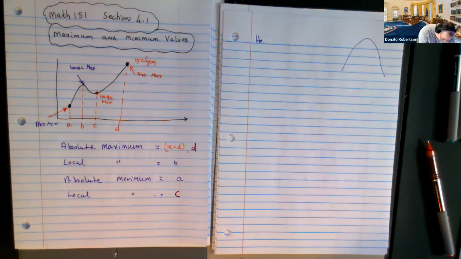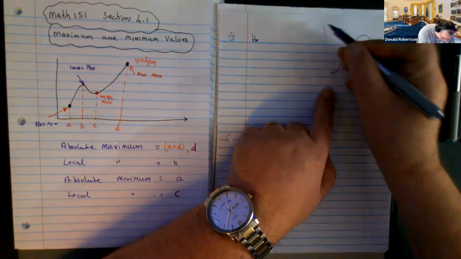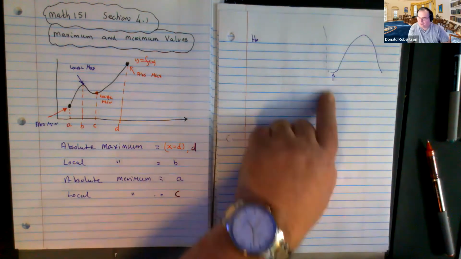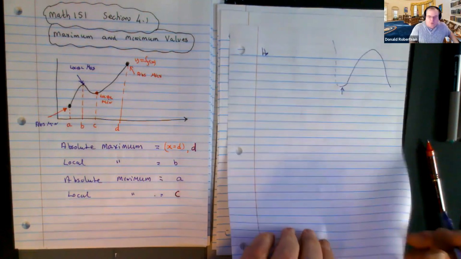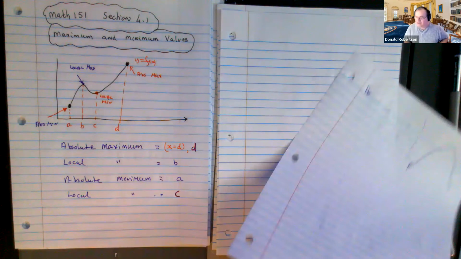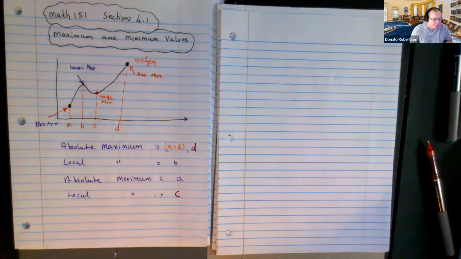Because if it had to get higher, wouldn't this guy somehow have to turn around to go up again? And the minute it turns around, wouldn't you have to have a minimum? Yeah, so I like your logic. That would make sense to me, that if there's only one local max, by definition, wouldn't that also be the absolute max? And if there's only one local min, the same thing would be true there.